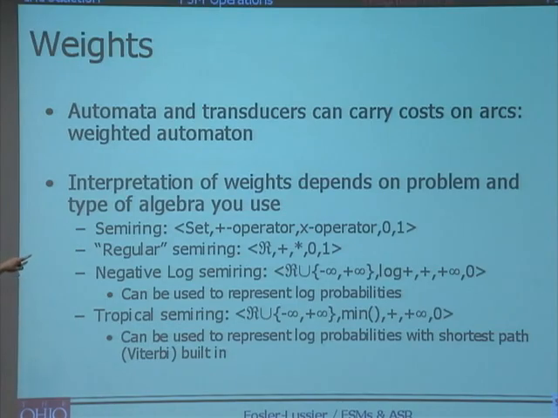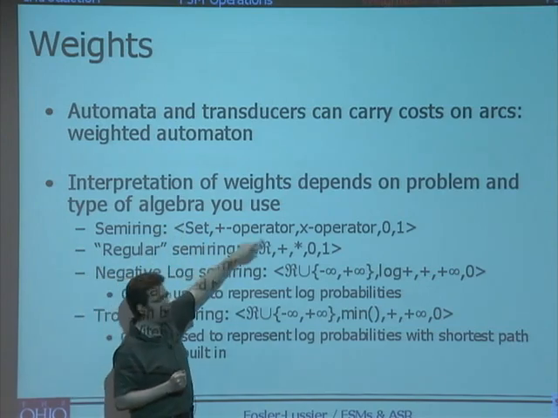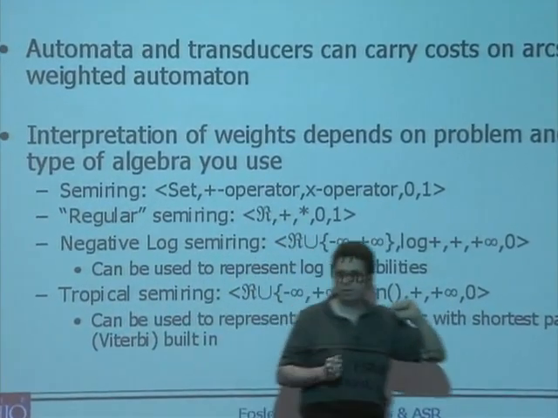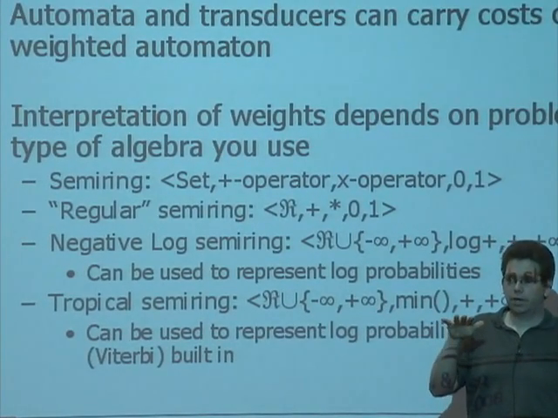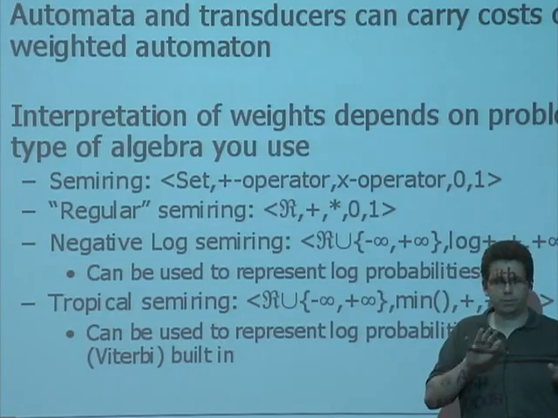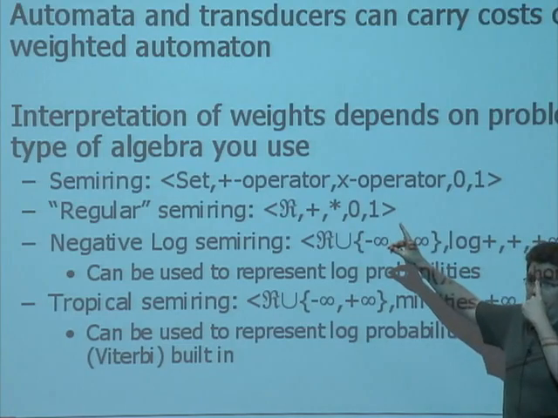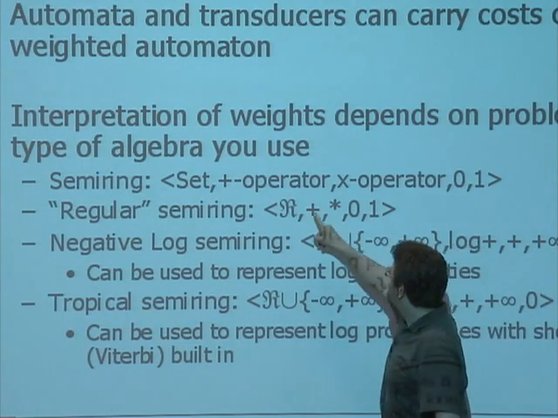So the idea is that you're going to have a set of numbers. You're going to have a plus operator, a times operator, a 0, and a 1. How many of you have ever done a formal algebra? Okay, not too many. So this is a pretty new concept. The easiest one to think about is real numbers.